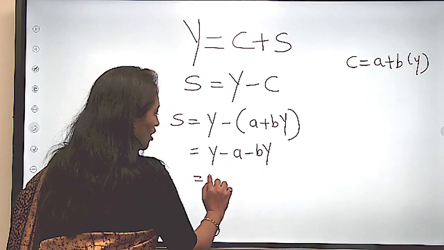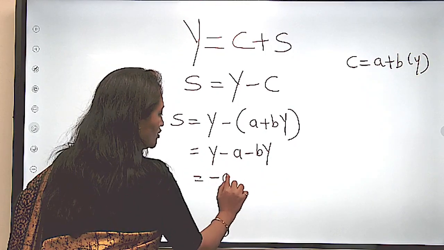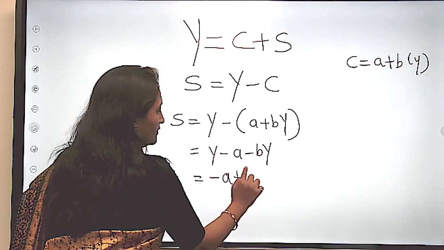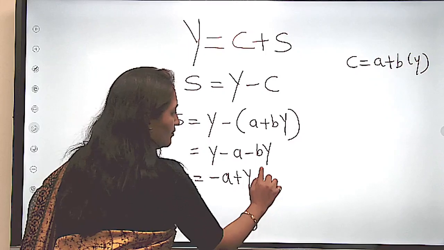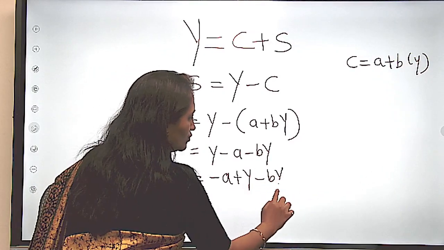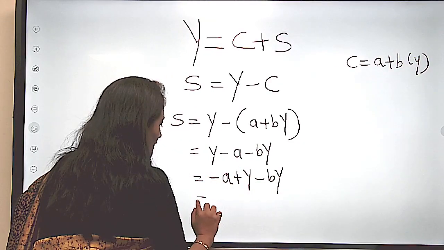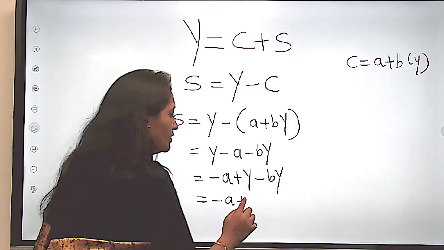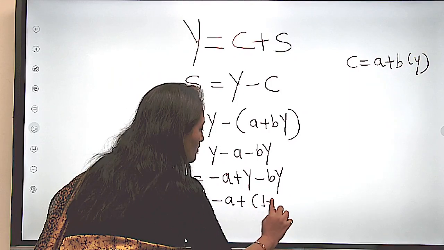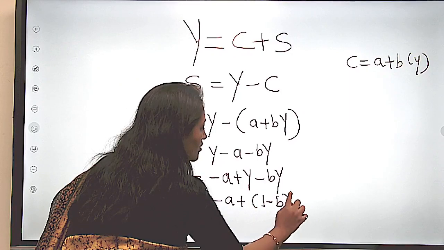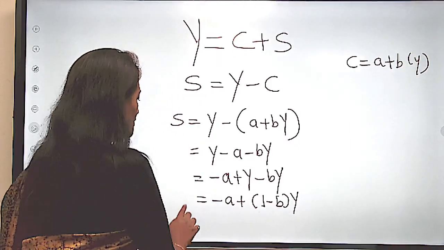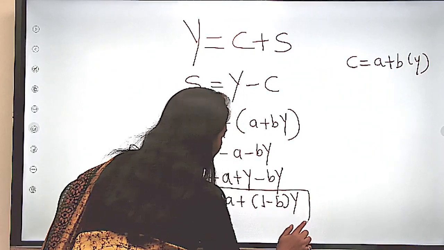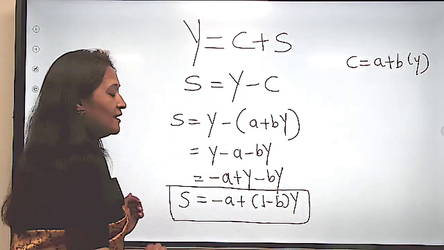I'm taking autonomous consumption expenditure, and then income of the country minus this value. Minus A remains as it is. We can take Y as common, so this becomes 1 minus B of Y. So students, this is how we can derive our saving function.